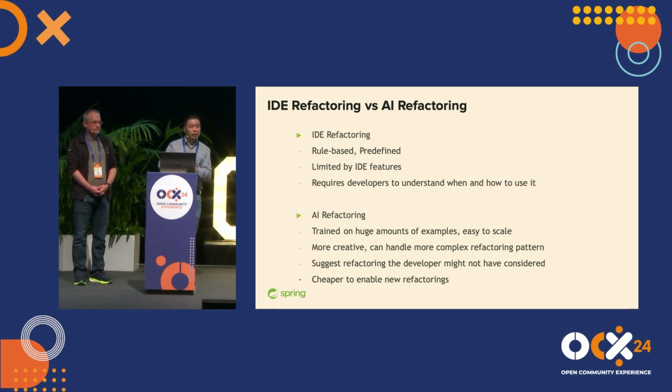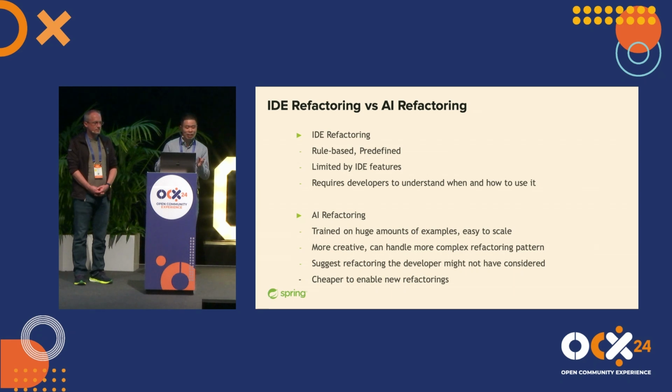Usually, in the old way, if you want to support a new refactoring, you must write lots of code to analyze the AST tree and generate the text edits. So it's very hard to support a new refactoring. It also requires the developers themselves to understand what kind of use case the refactoring can support, and when and how to use it.